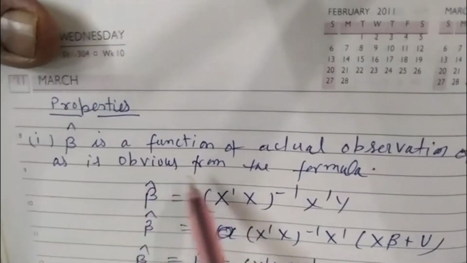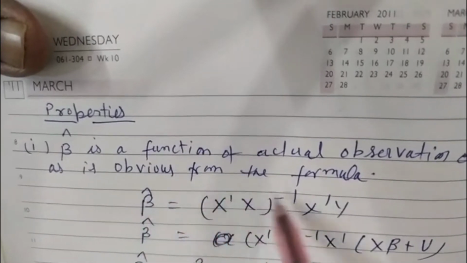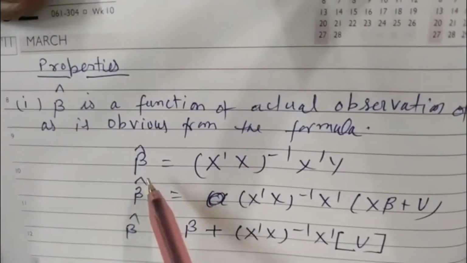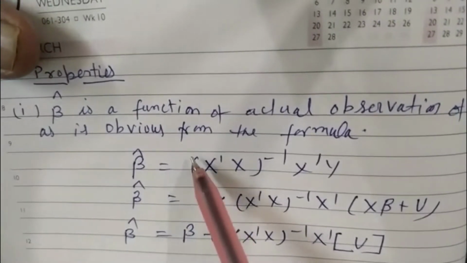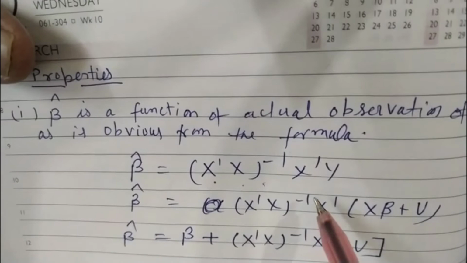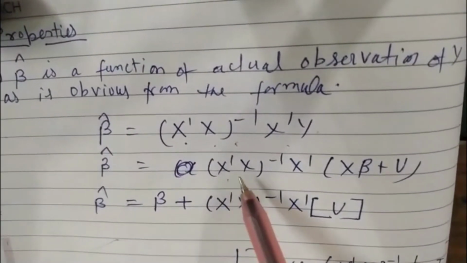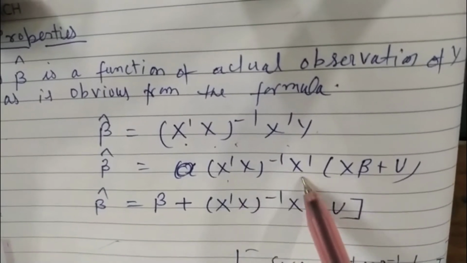Like two variables have properties, here also properties hold. First, estimated beta is a function of the actual observations of y, as is obvious from the formula. We calculated estimated beta as (X'X) inverse X'Y.